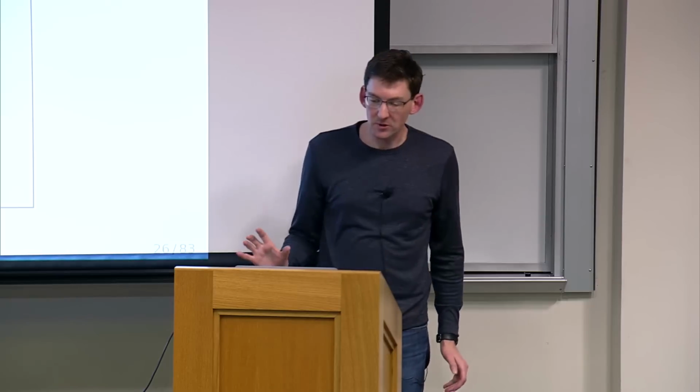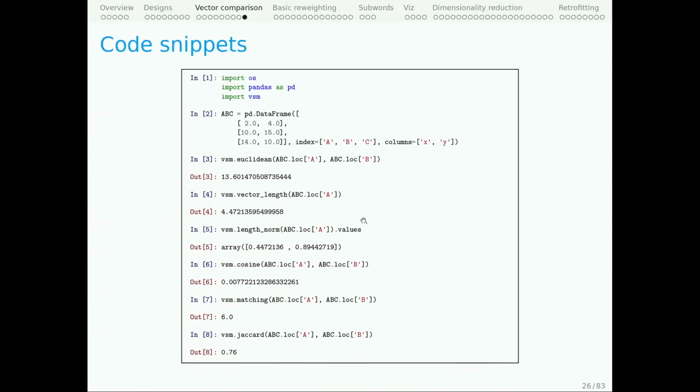Finally, here are some code snippets. It's kind of small, I guess, but I hope you can read it locally. So I've loaded this VSM, that's from the course repository, and it contains a bunch of functions that are useful for all the stuff that I'm talking about now. Actually, this example is from the notebook here. This is the space we've been working with, ABC. I'm just showing you, for example, VSM.euclidean with ABC, looking at the A vector and the B vector, will give you their Euclidean distance as the return value.